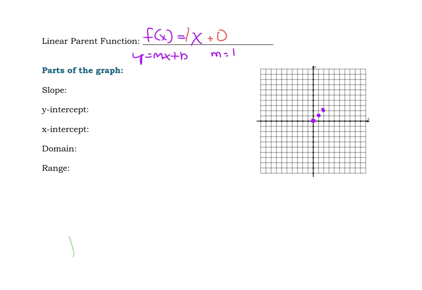And so this is up 1 over 1. So up 1 to the right 1 is positive. Down 1 to the left 1 also keeps the line positive. And these are all the points that fit in this graph. And we put arrows at the end because that implies that it goes on infinitely.